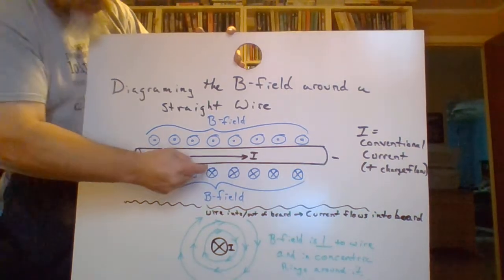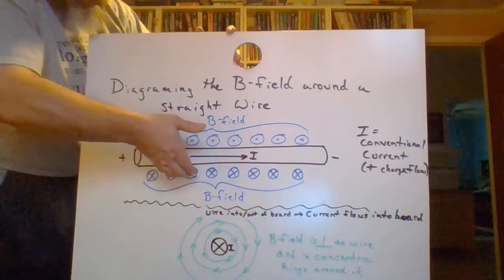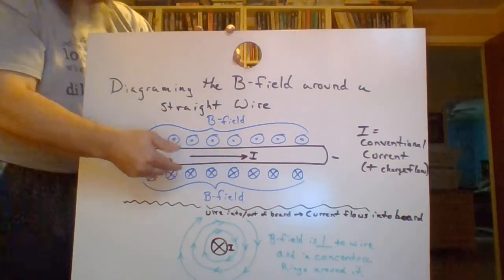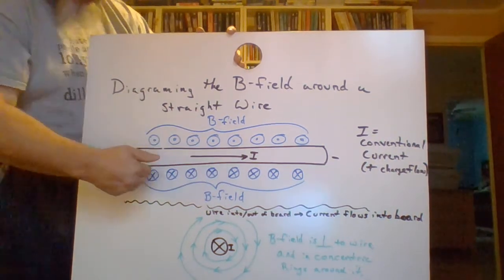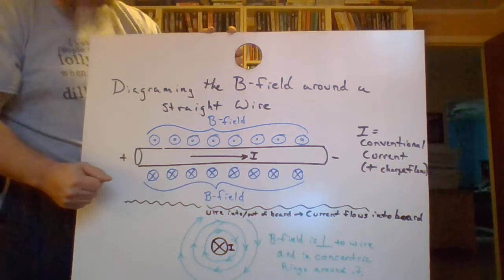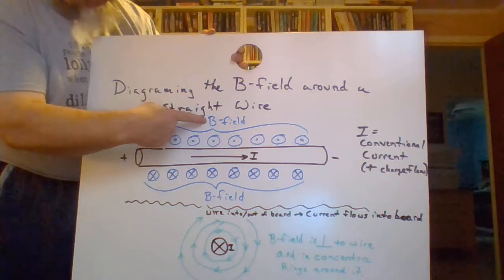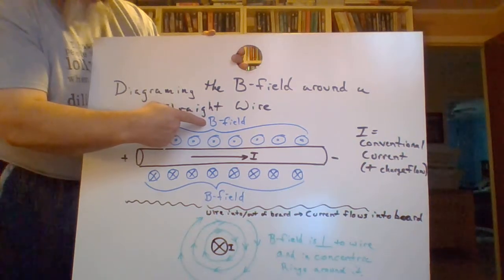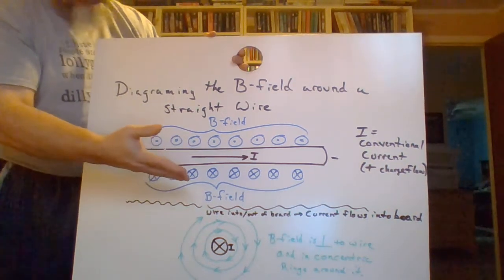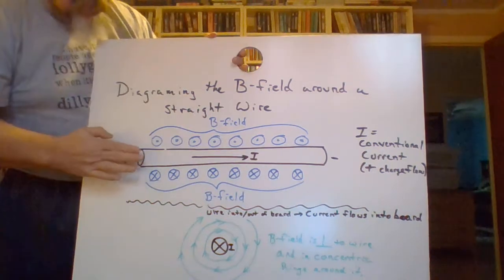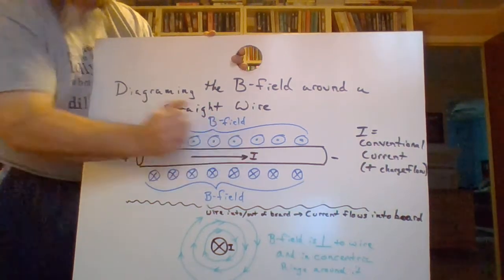And my fingers point into the board on the bottom. And so that's why I have my crossed circles, or sometimes I'll just use crosses. All right. B is magnetic field strength. And so when you see me write B field, that means magnetic field. Okay. Conventional current is the flow of positive charge in the wire.